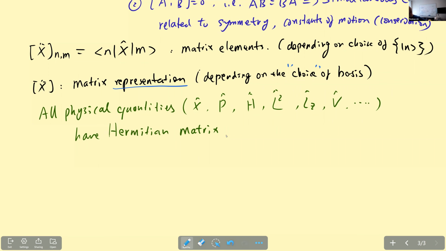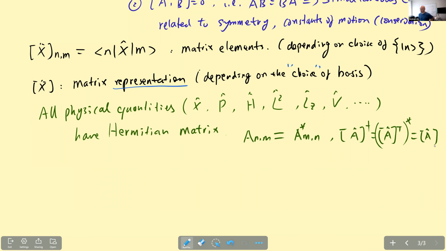So that means A_mn equals A_nm complex conjugate, or this A operator dagger, which is the transpose and then taking the complex conjugate, equals the original matrix.